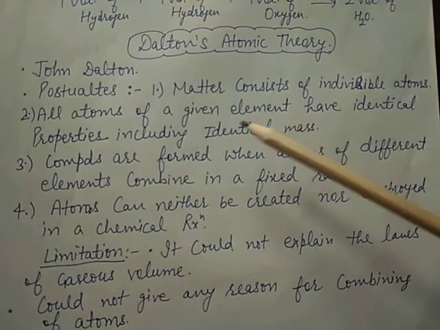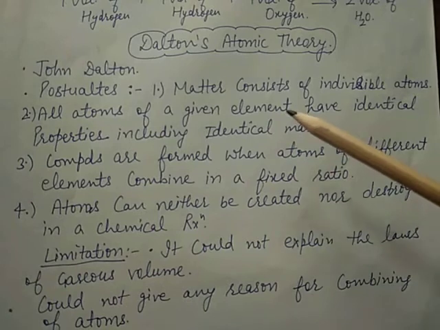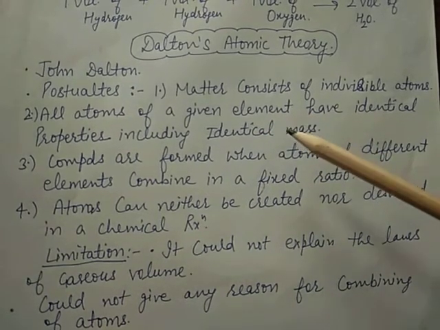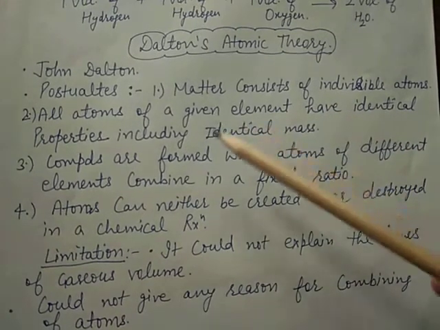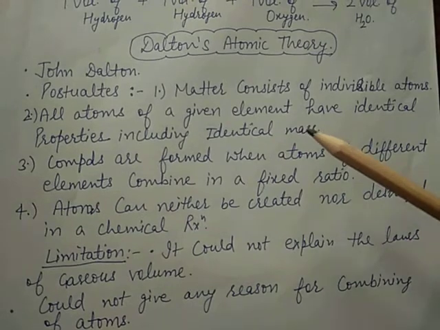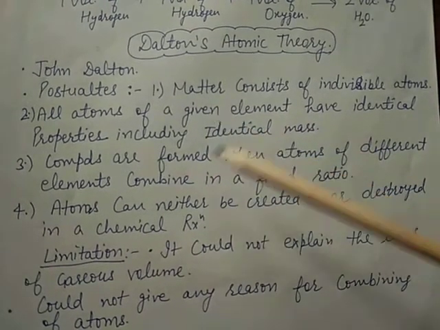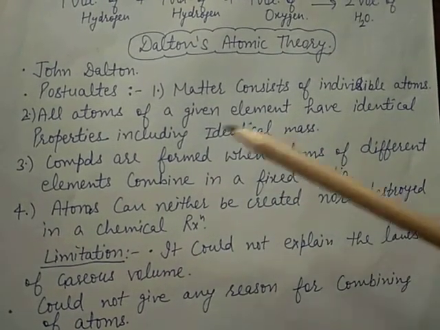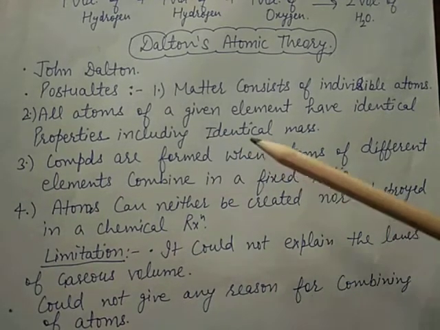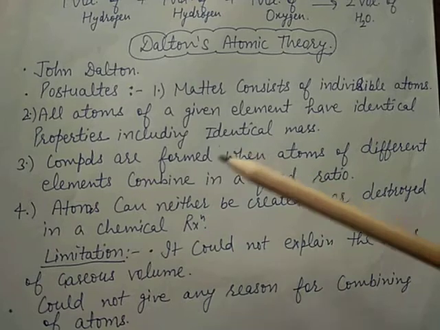Atoms of the same element are identical to each other, meaning they have identical mass and identical size. Atoms of different elements differ in properties and have different mass and size.